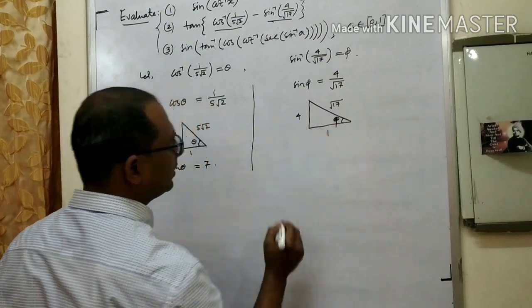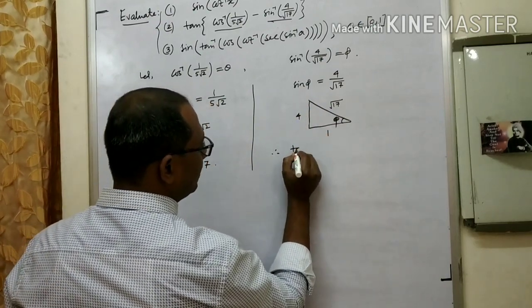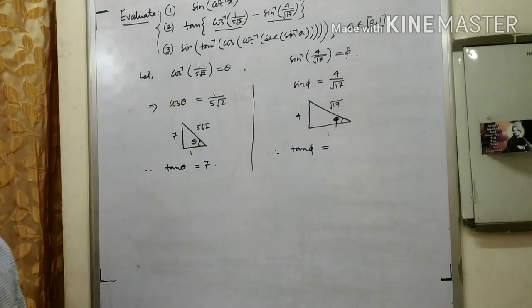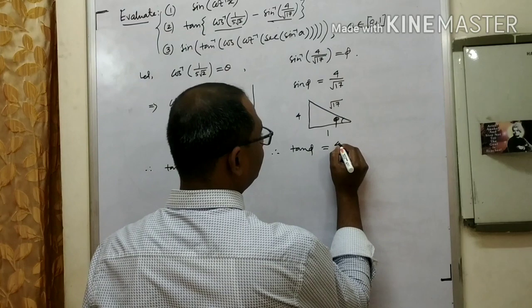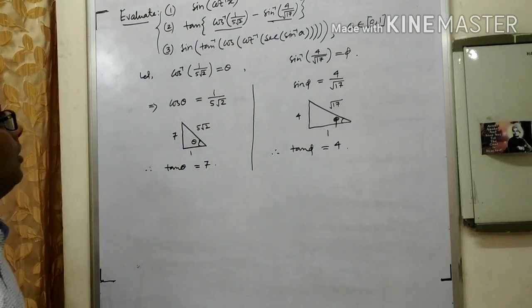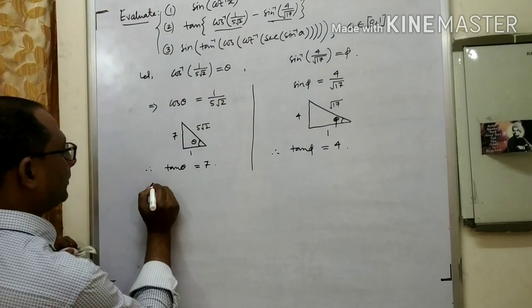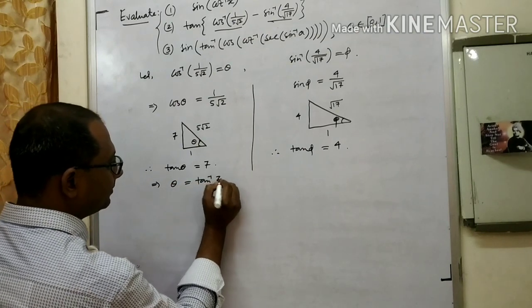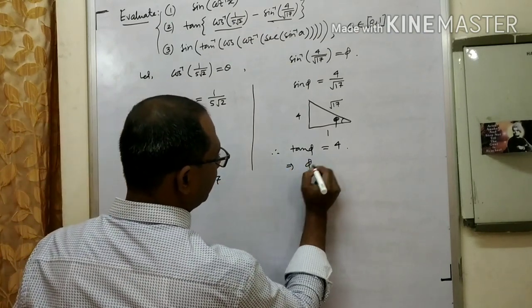So this is 1. I'll find out tan phi. Tan phi is perpendicular by base, that is 4. Alright then. So I'll get theta equal to tan inverse of 7. And from here I'll get phi equal to tan inverse of 4.